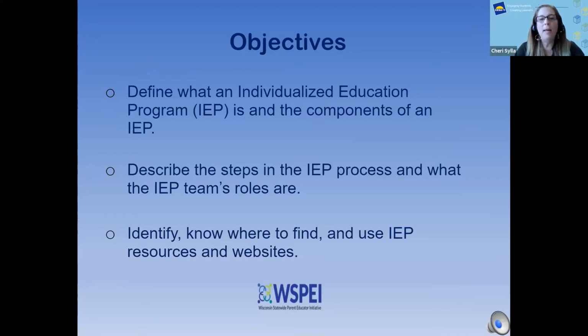And when we talk about IEP team roles, because we're talking about students that are blind and visually impaired, we've got added team members to the team, as well as what I'll be speaking to, having been a parent. I'll be speaking to the parents' role in the process and what's really important for parents to know, what they can do and how they can participate.